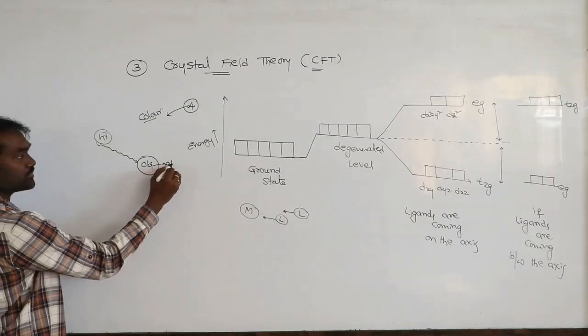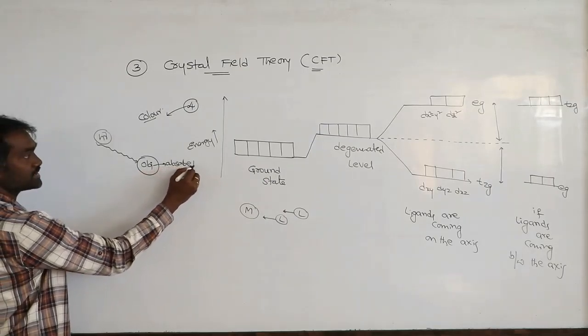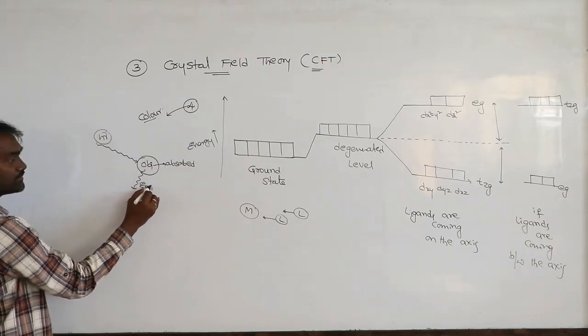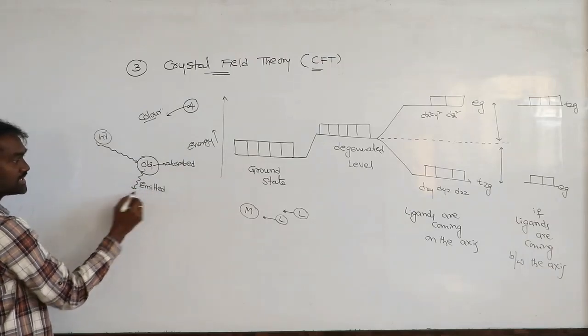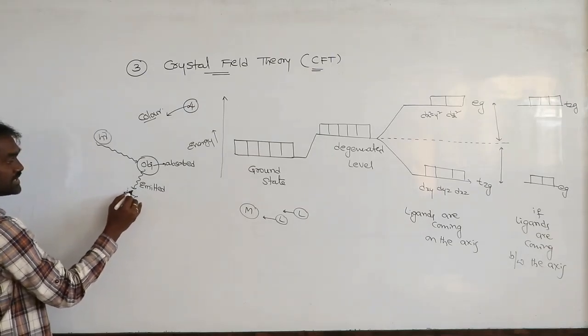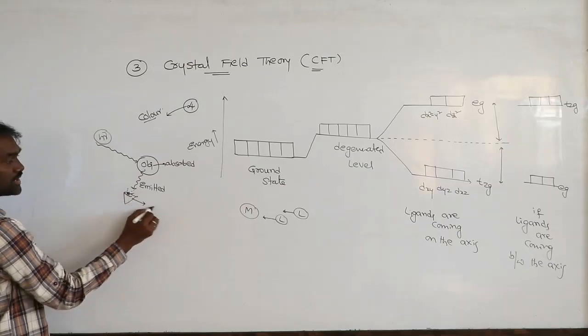Something is absorbed. Some amount of light is absorbed, some light is emitted. This emitted light, if we see it with our eye, looks like a color.